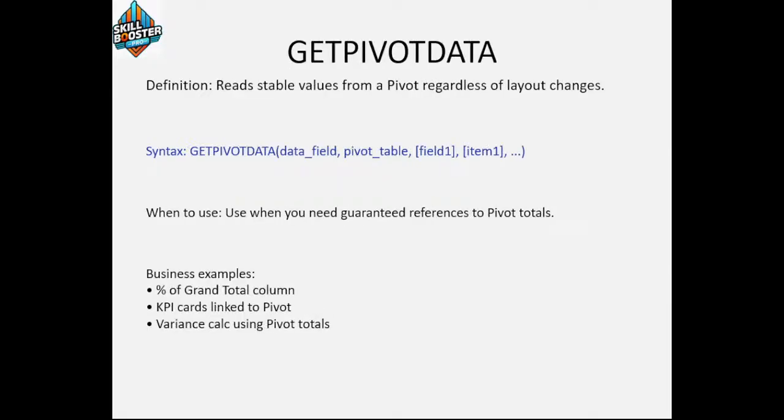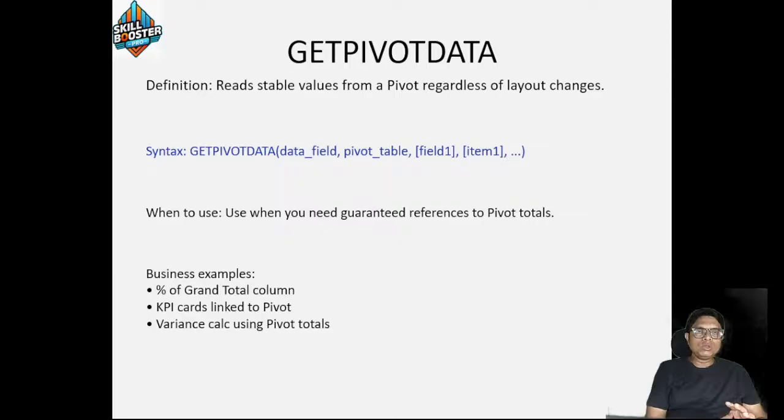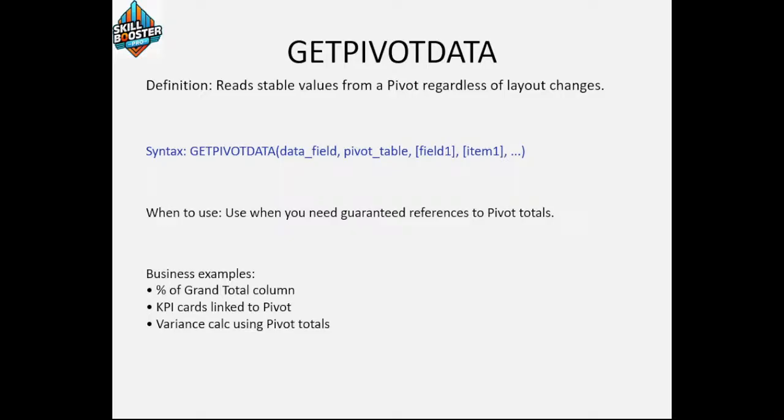Next is the GETPIVOTDATA. This is a new function which has been incorporated in the newer version of Excel. You will get this in Excel 365, Office 365 and above.